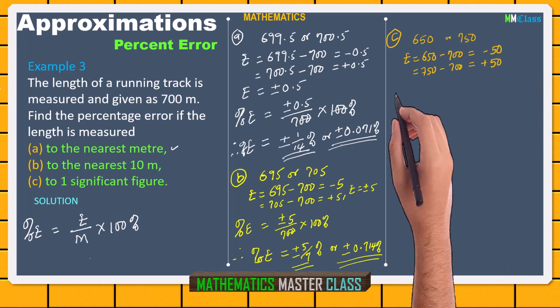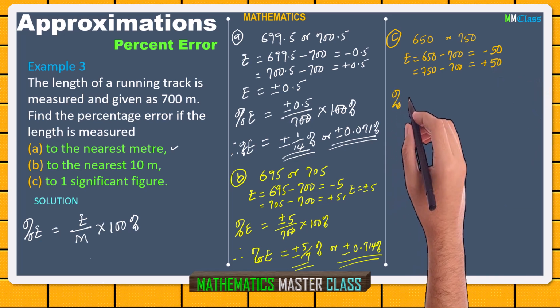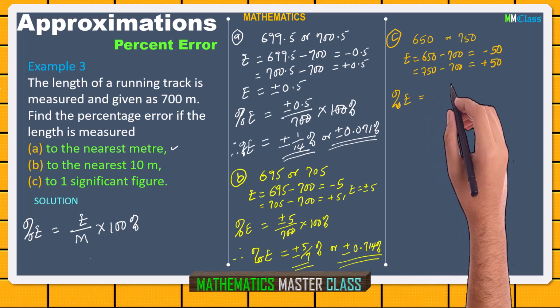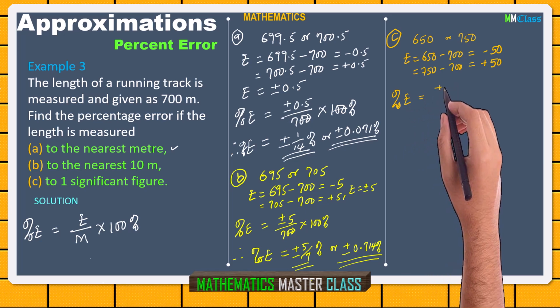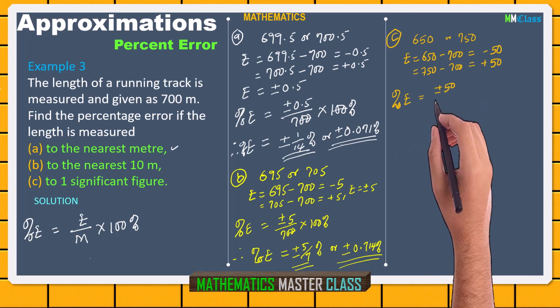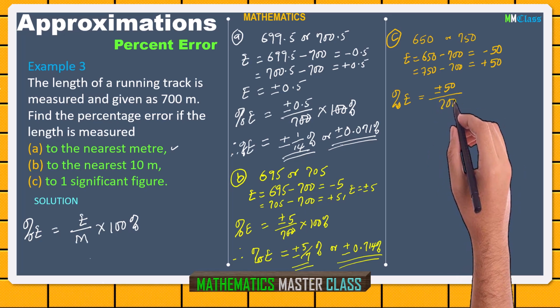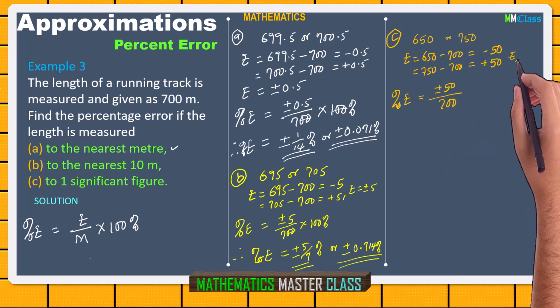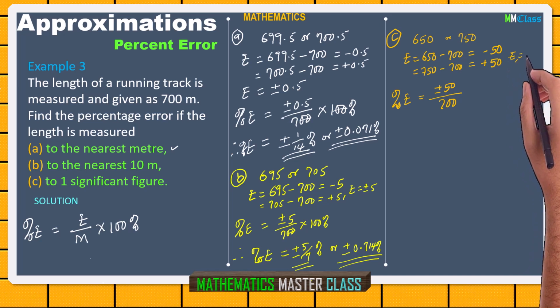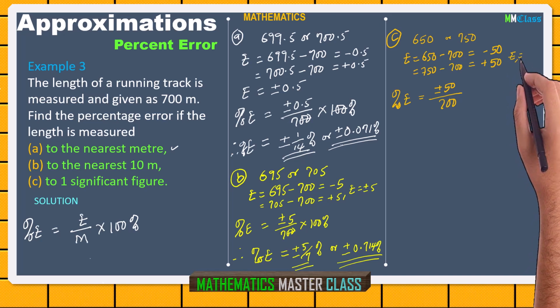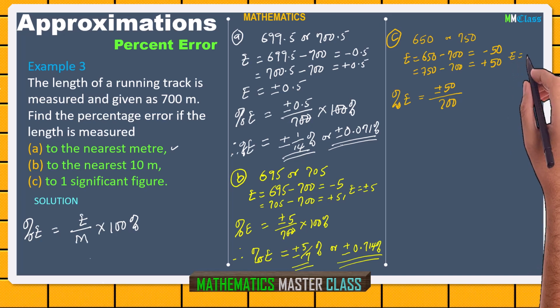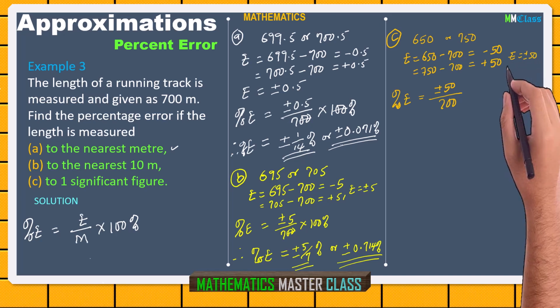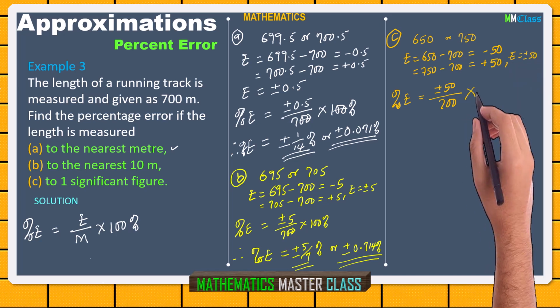So the percentage error will now be the error, which is plus or minus 50, over 700, times 100%.